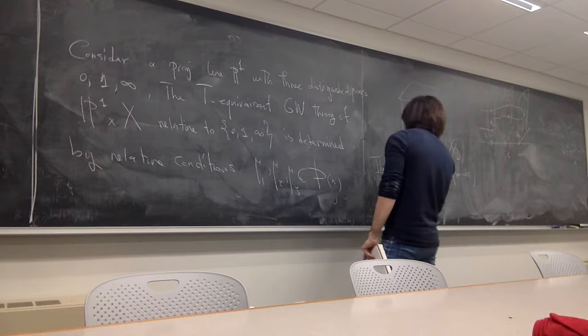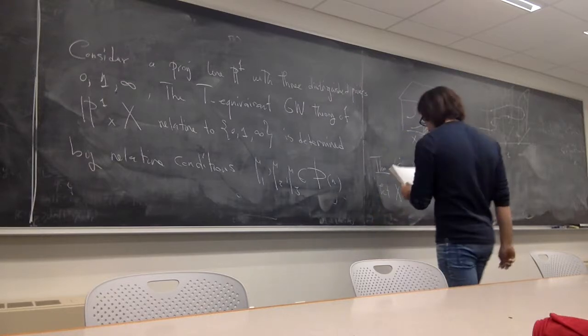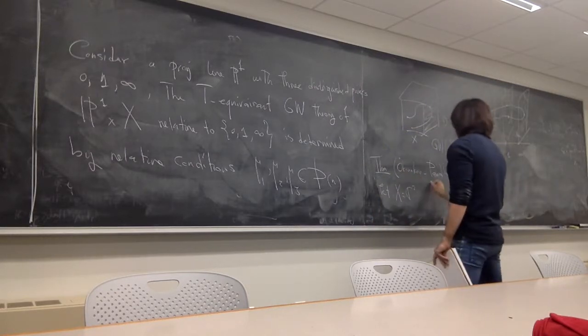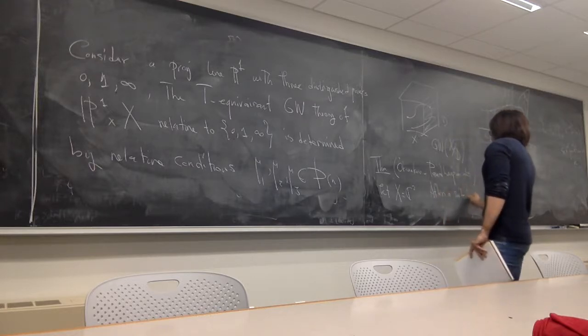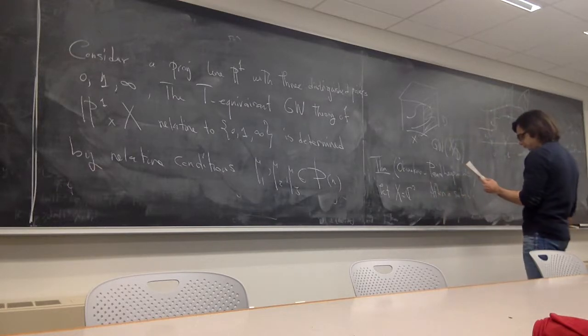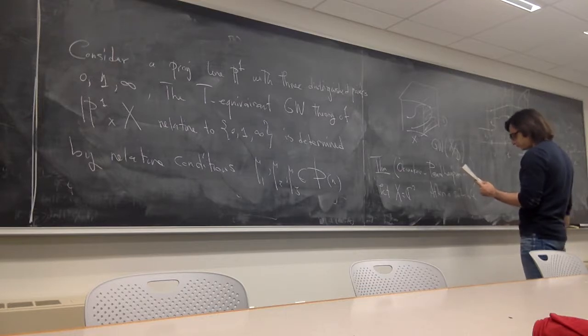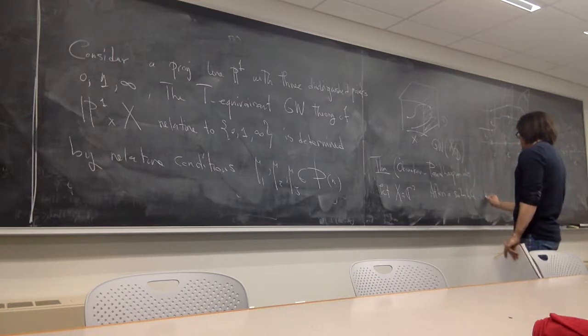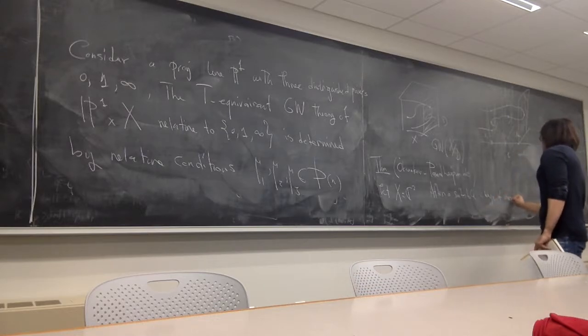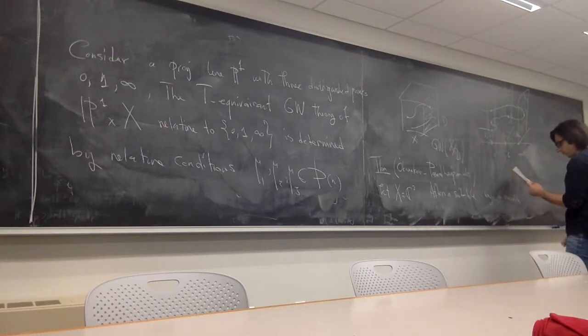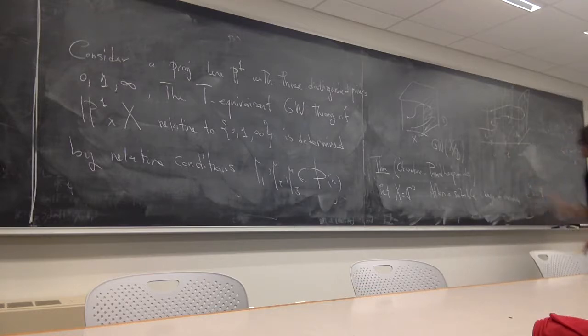Let X be C squared, after a suitable change of variable, which is going to be e to the iu equal to minus q.